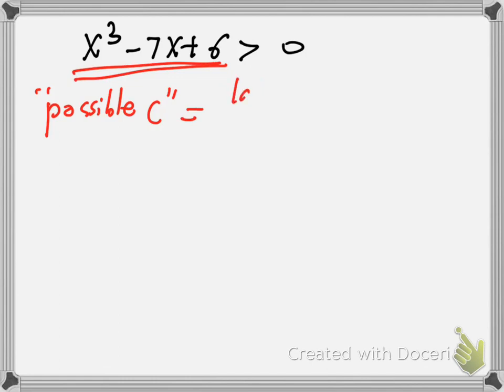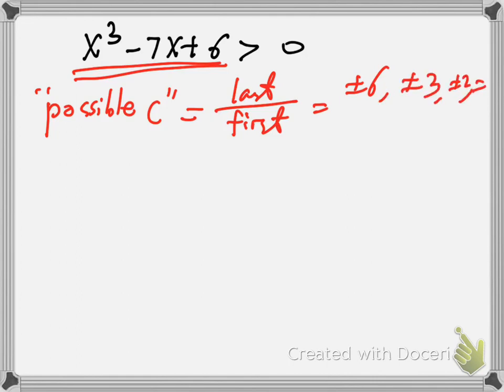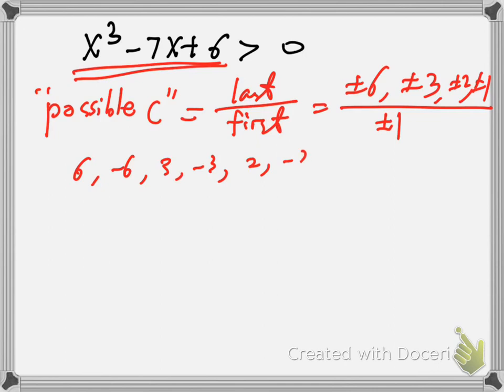To remind you, the factor of the last one divide the factor of the first one. So 6 have 2 and 3, and 1 as factors, right? 6 times 1, 2 times 3. That's the product 6. And then denominator is 1. Okay, so we have 8 possible c's, right? So it's 6, -6, 3, -3, 2, -2, 1, -1.